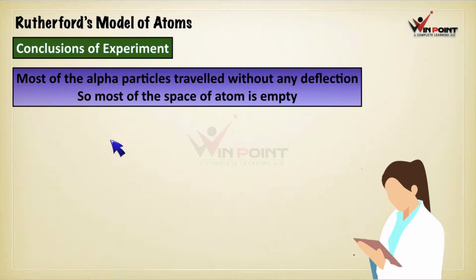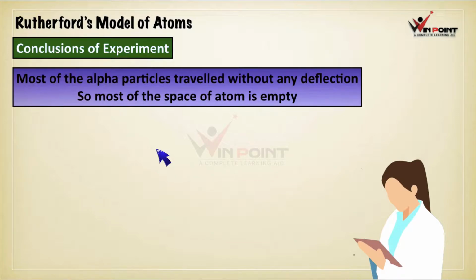Most of the alpha particles traveled without any deflection. So most of the space of an atom is empty. What is the reason for the deflection? Why are alpha particles getting deflected when transmitting through the gold foil? Because in the gold foil there is a positive charge, and because of that positive charge, it is deflecting.